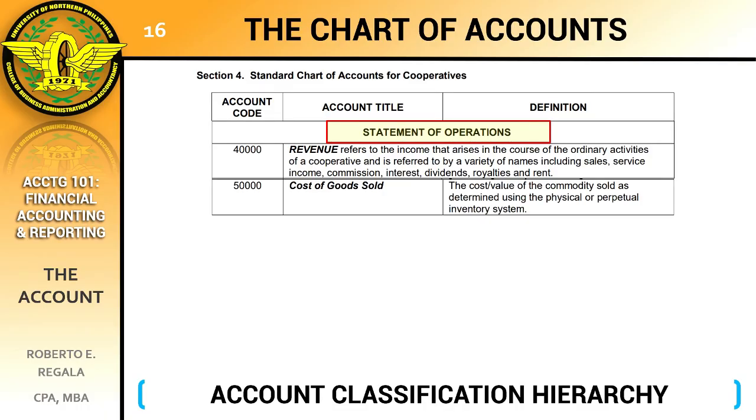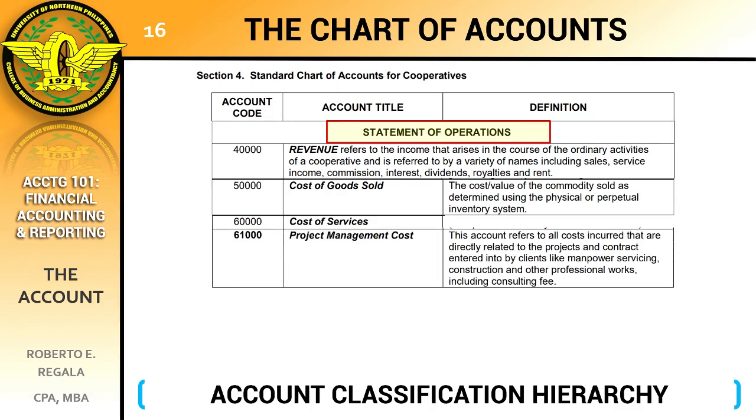Costs are classified into cost of goods sold if the cooperative is engaged in merchandising, or cost of services if it is in the service industry. Cost of services are further separated into project management cost, which are costs incurred that are directly related to the projects and contracts entered into by clients, like manpower servicing, construction, and other professional works, including consulting fees.